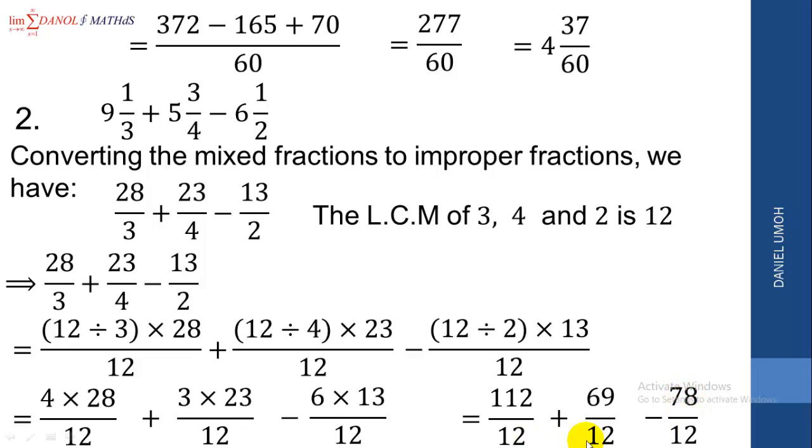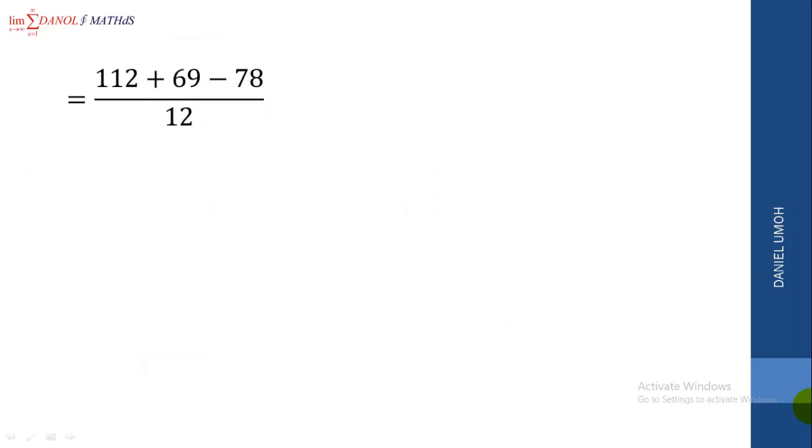You can see that these are equivalent fractions with the same denominator. So we can now say, since these fractions have the same denominator, we can now operate on the numerators. So what we are going to have is 112 plus 69 minus 78 over 12.